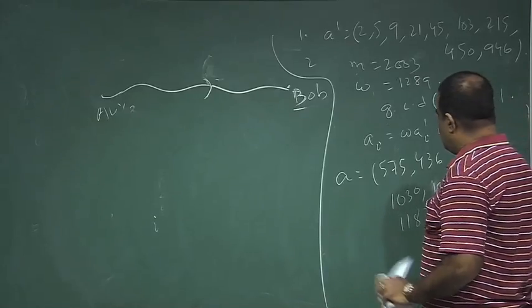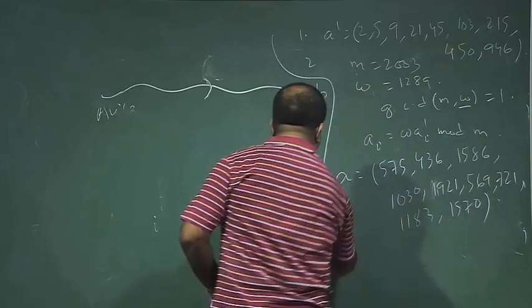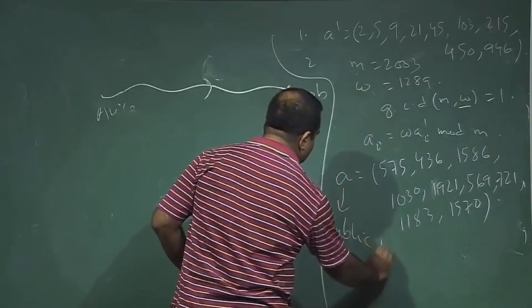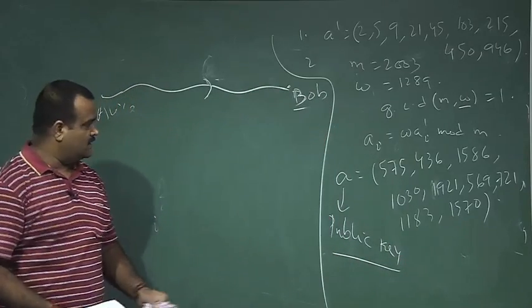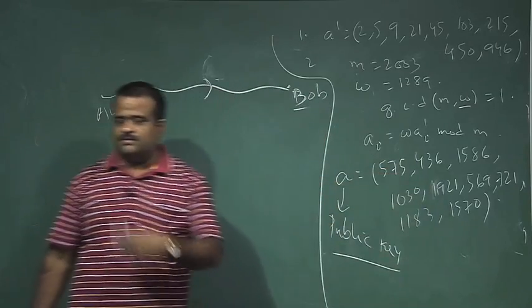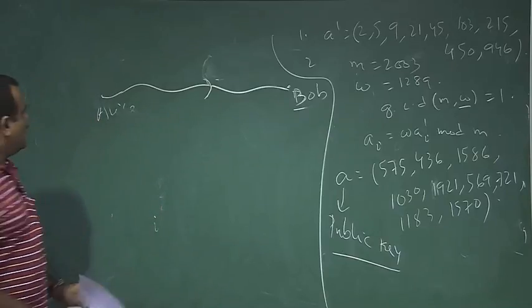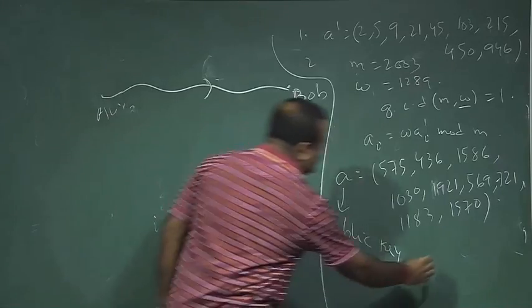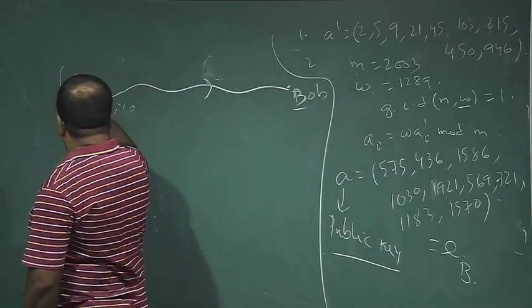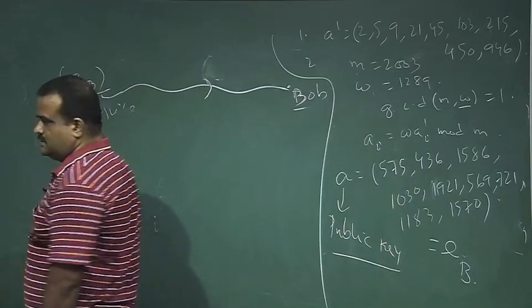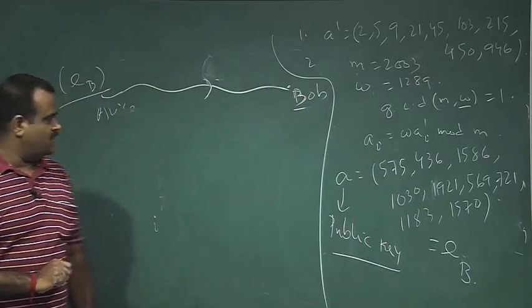So this is the public key of Bob, and Bob makes this public. This is no more super increasing. We destroy the super increasing property, and this is basically EB, the public key of Bob, and it is sent to Alice, or Alice has to get it from the public key directory.